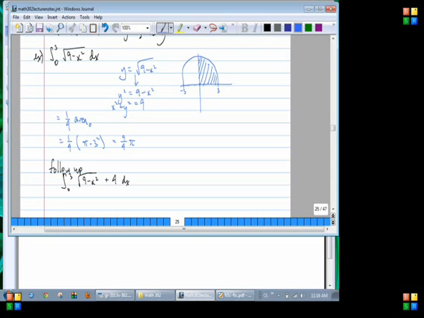Exactly. This is the same as the integral from 0 to 3 of the square root of 9 minus x squared dx, plus the integral from 0 to 3 of 4 dx.